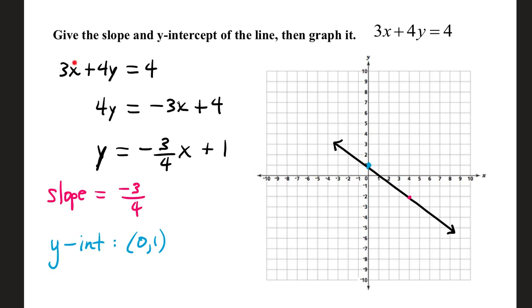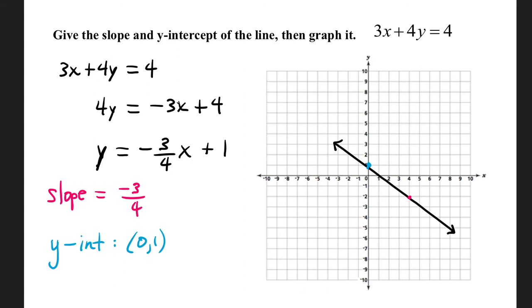So what we'll do is we'll take off 3 x's from both sides. That'll leave us 4y equals negative 3x plus 4. Divide all the way through by 4. That will give us y equals negative 3/4 x plus 1. 4 over 4 is 1. Now it's easy to identify the slope, negative 3/4, and the y-intercept, 0, 1.